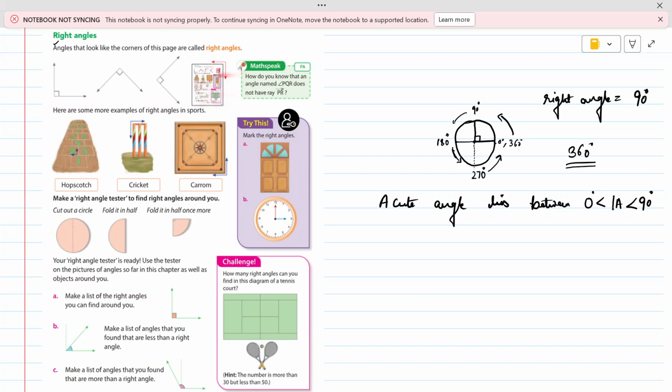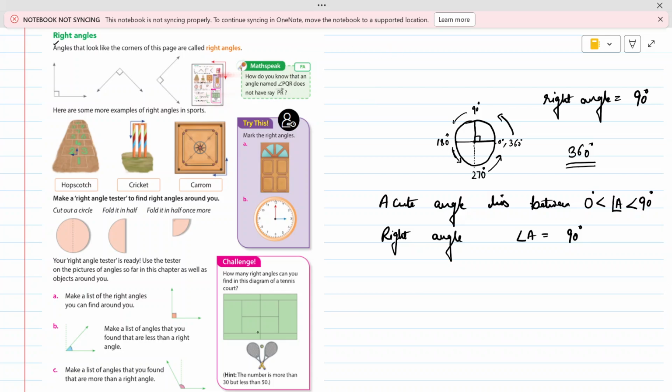So also we write angle like this. Okay, also we say that the angle is a right angle if the angle is equal to 90 degree. If the angle is equal to 90 degree, that means the angle is a right angle.